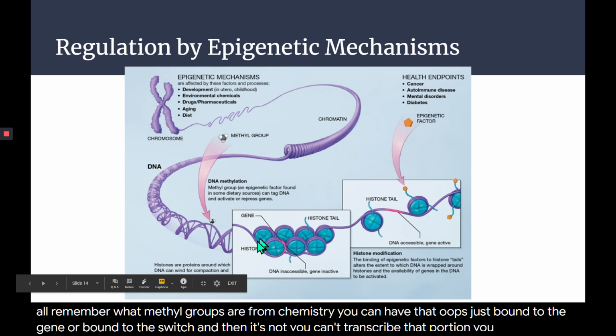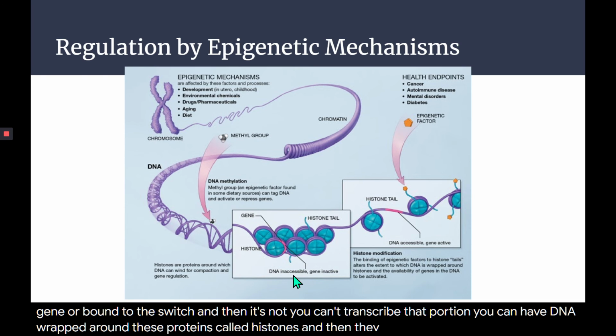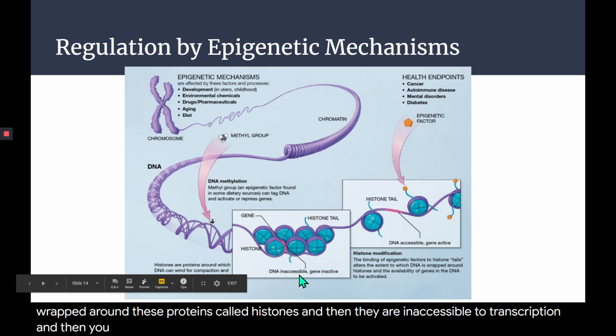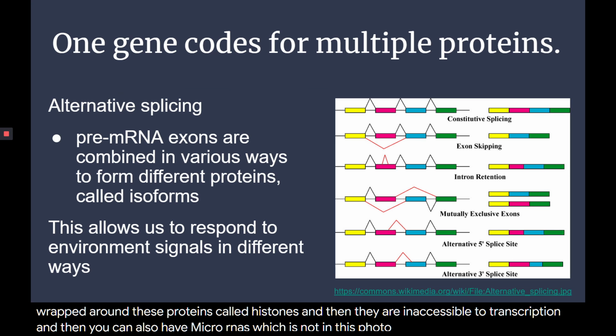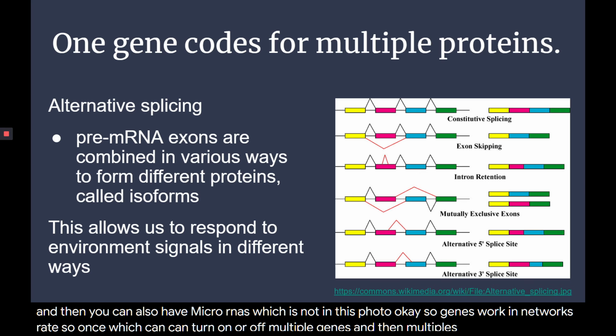You can have DNA wrapped around proteins called histones, and then it is inaccessible to transcription. And then you can also have microRNAs, which is not in this photo. Okay, so genes work in networks. One switch can turn on or off multiple genes, and multiple switches can turn on or off one gene.